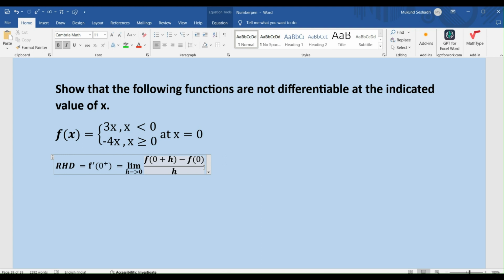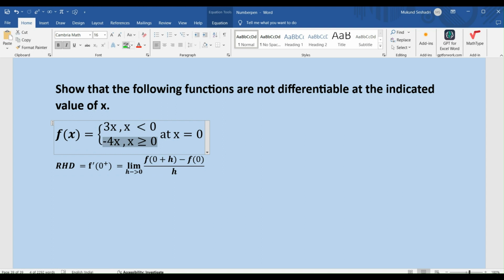So f of 0 plus h. Now, what is my f of 0 plus h? It is the function f of x when x takes a value greater than 0 by an infinitesimal h, right? And in that case, x greater than or equal to 0 is the equation that I will have to apply, right?